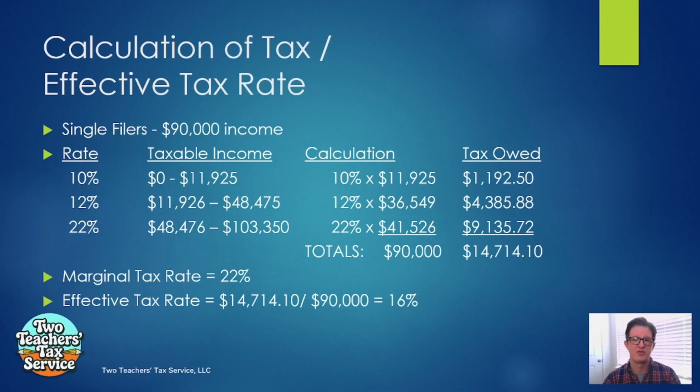The total tax owed is the sum of the 10% rate, the 12% rate, and the 22% rate. So the total tax owed is $14,714.10. The marginal tax rate for this taxpayer in this example is 22%. The effective tax rate is $14,714 divided by $90,000, which equals 16%.